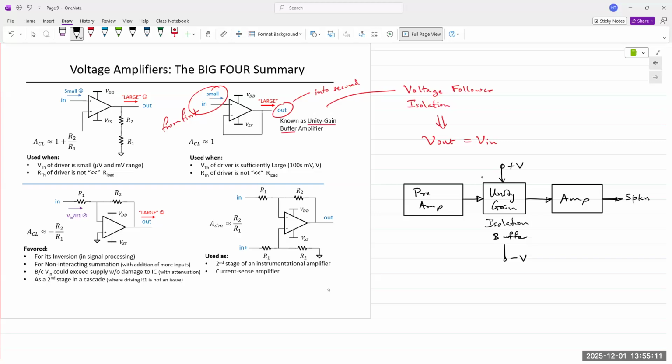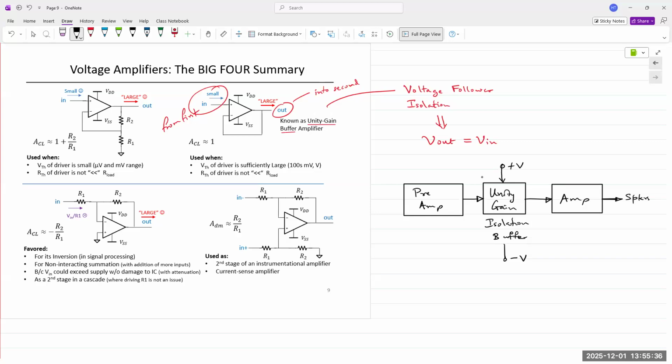So those are the 5 most important circuits: inverting configuration, non-inverting configuration, summing, difference, and voltage follower. I know it says 4 right here. Which one is not here?